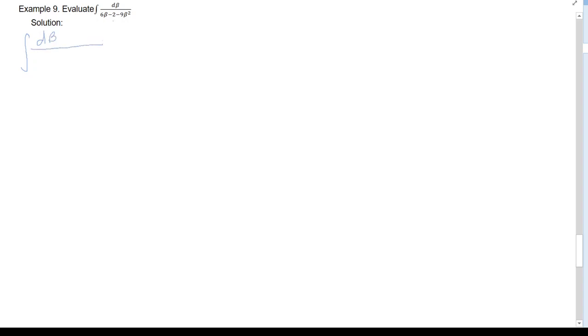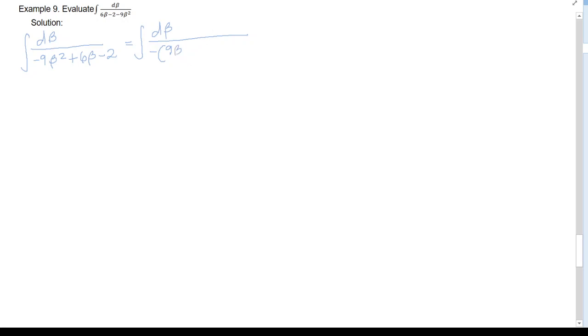Let us put first the beta squared there, that it will become negative 9 beta squared plus 6 beta minus 2. Okay, so if we factor out negative there, that is also equal to the integral of d beta divided by minus, and that will become 9 beta squared.